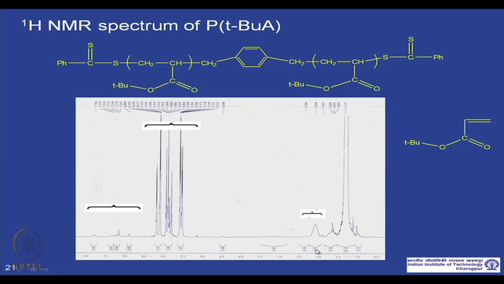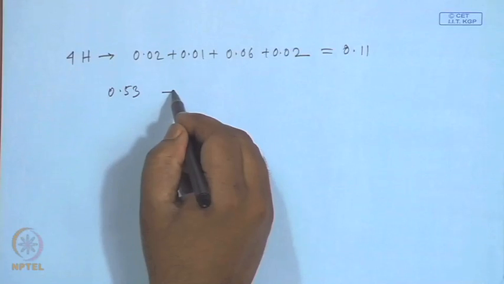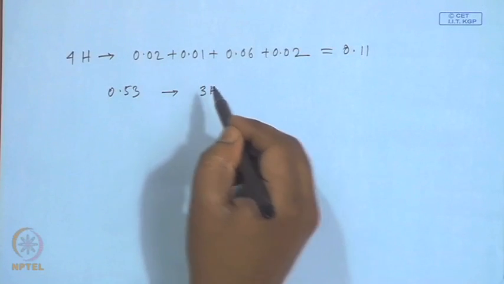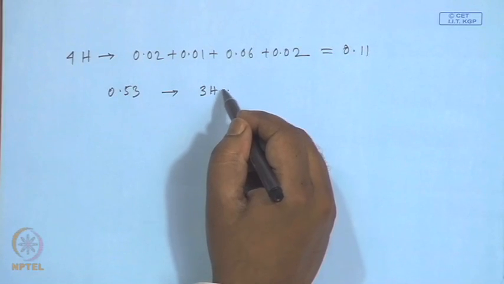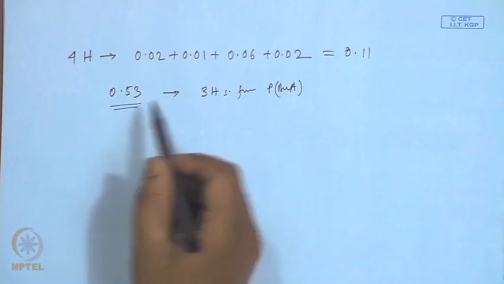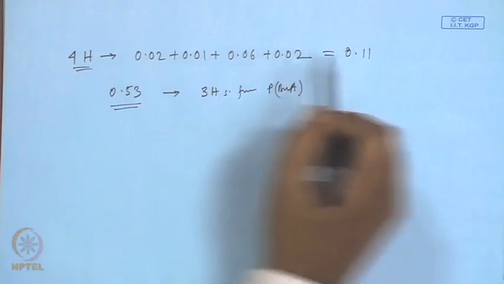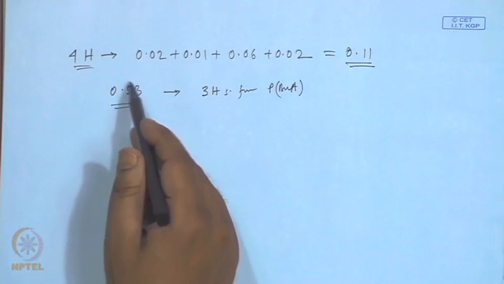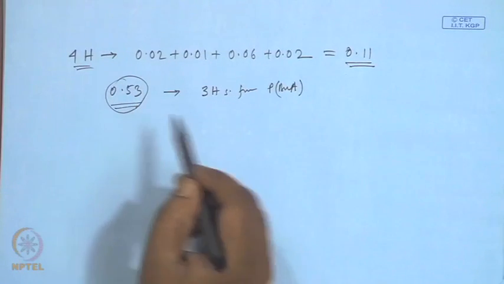Now, this 0.53 is from these 3 hydrogens of the polybutyl acrylate block. So, that corresponds to 3 hydrogens from the polybutyl acrylate block. Now, if 4 hydrogens correspond to 0.11, then how many hydrogens should it correspond to?